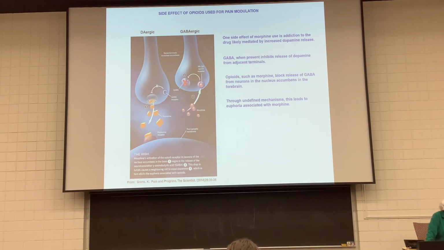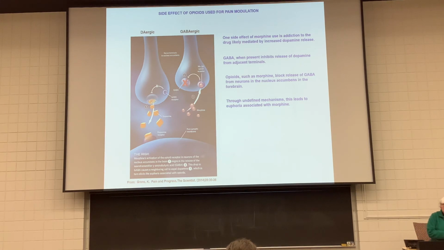When you have opioids present, here's our morphine, binds to an opioid receptor, and one of the effects is that it prevents GABA from being released. If GABA is not released, there's no inhibition of the dopamine, and it is released.